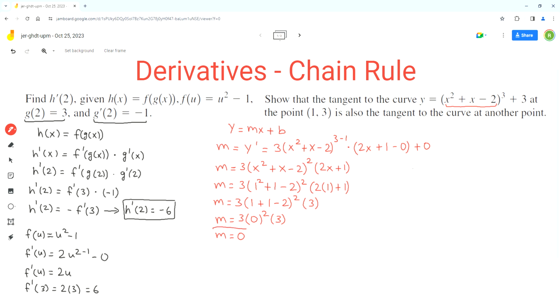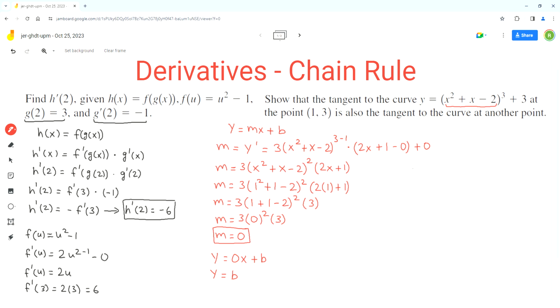So now we can sub in this m value in the equation. So we get y equals 0x plus b, which is just y equals b. Now we have to find the b value, and for that we can use this given point (1, 3) because this point lies both on the curve and the tangent line, because the tangent touches the curve at this point (1, 3).